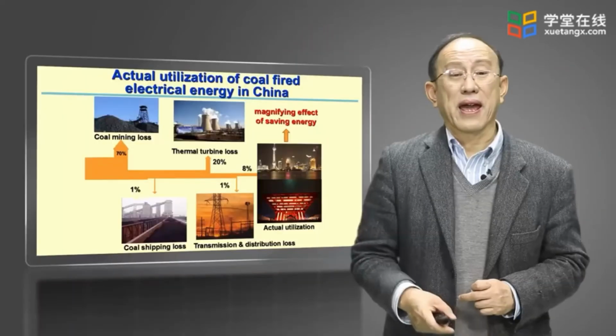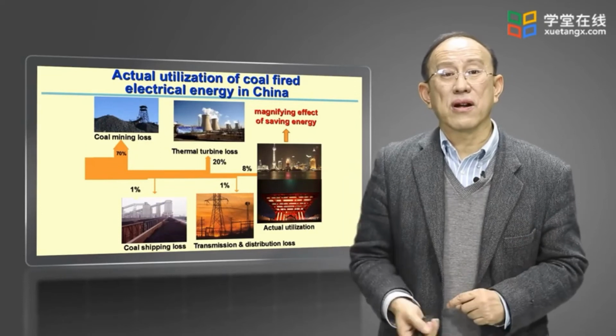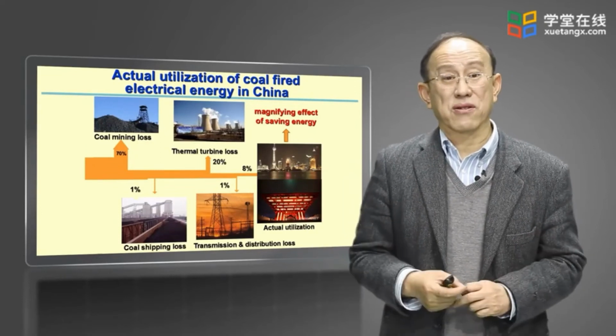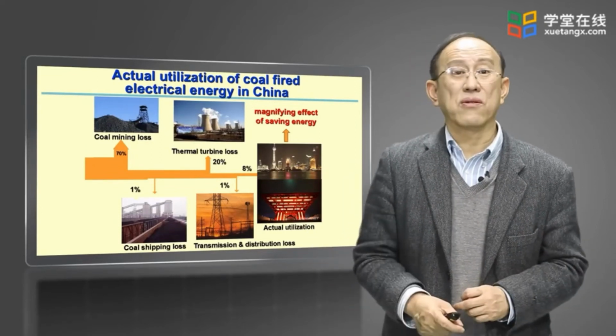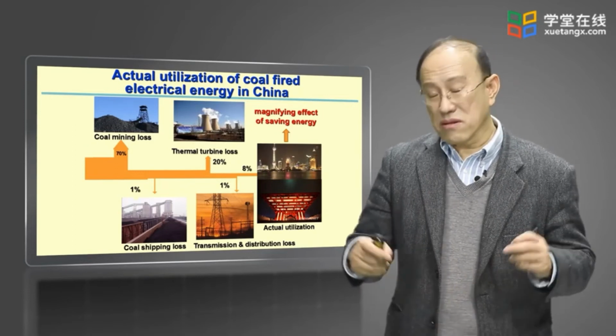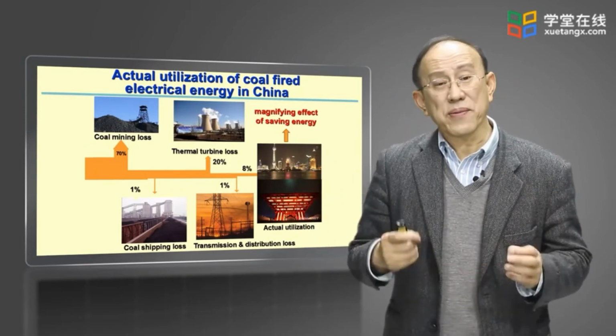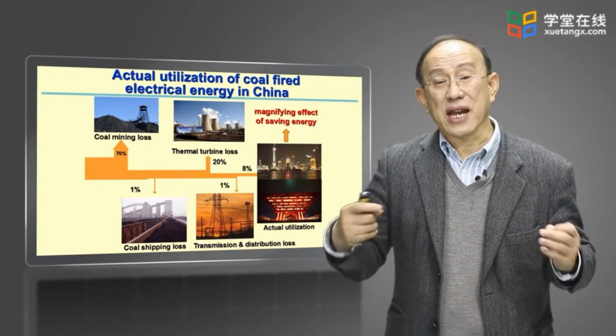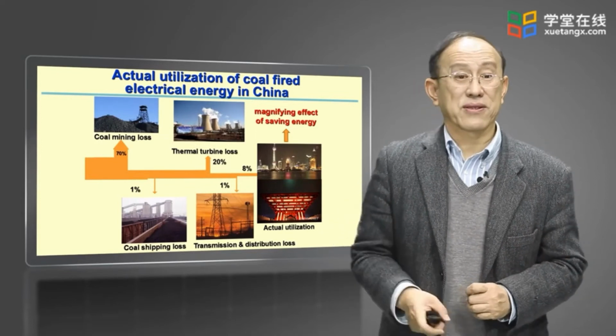That means if you find 1 ton of coal reserve, you can only dig out 0.3 ton. Then in thermal generation, based on the Carnot cycle, only 40% of the energy is utilized.